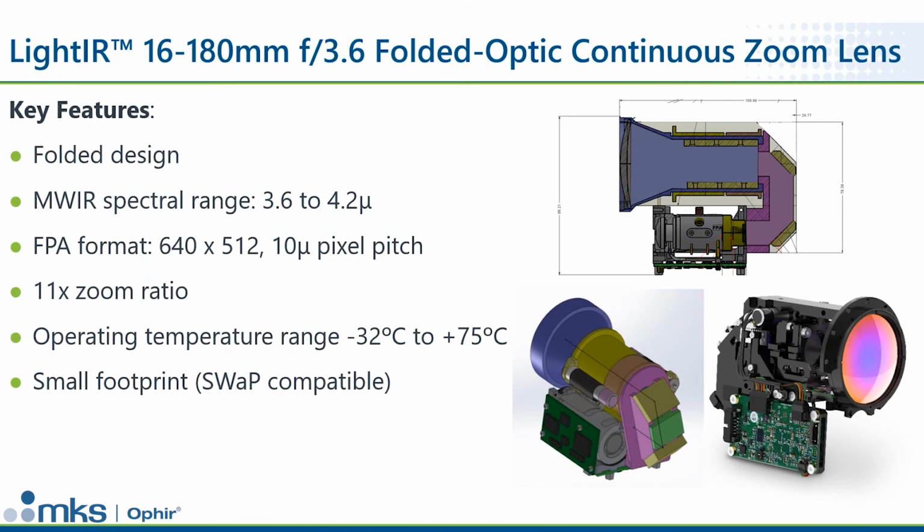Zoom ratio is 11. Operating temperature range is between -32 up to +75 degrees centigrade. And it has a small footprint, which is SWaP compatible. You can see on the right side images of this product. Here you can see also the detector and cooler assembly mounted on the lens.